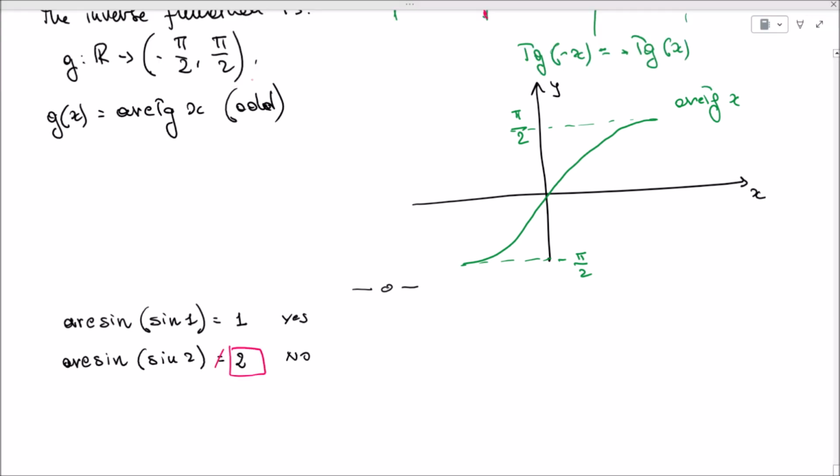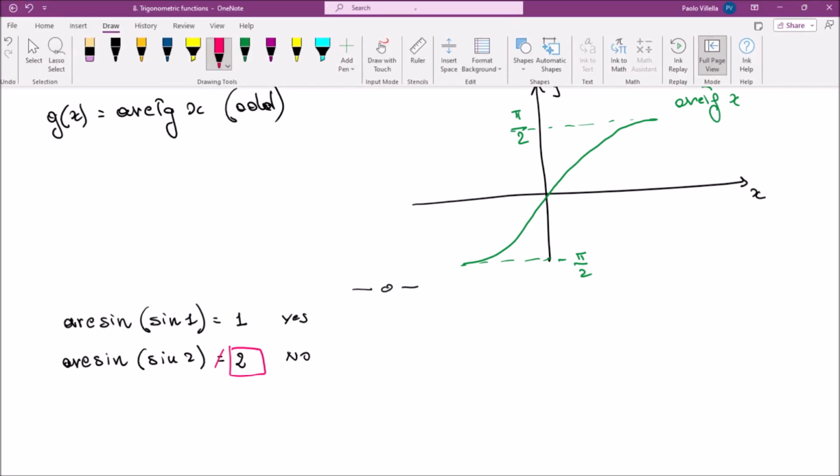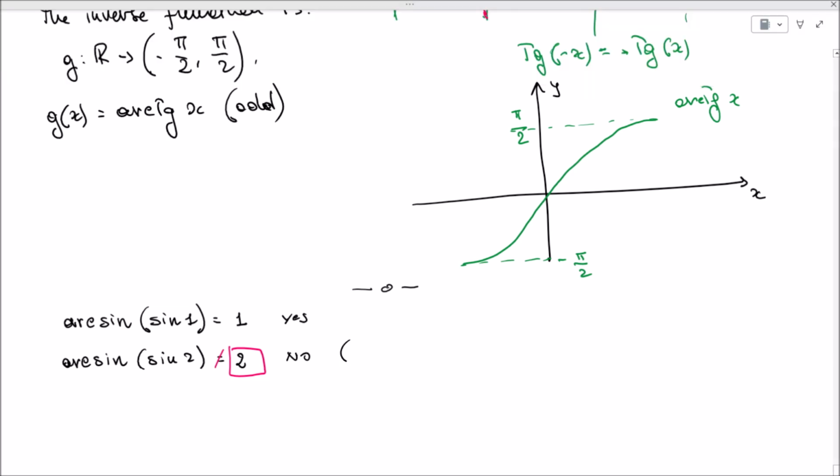This cannot be 2. The reason is that the codomain of the arc sine function is minus pi over 2 to pi over 2, so the result must be in the interval minus pi over 2 and pi over 2.